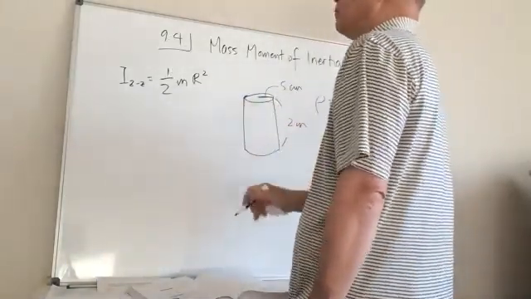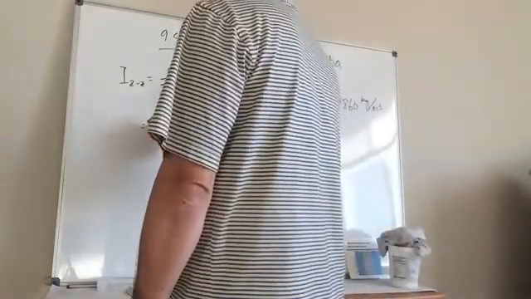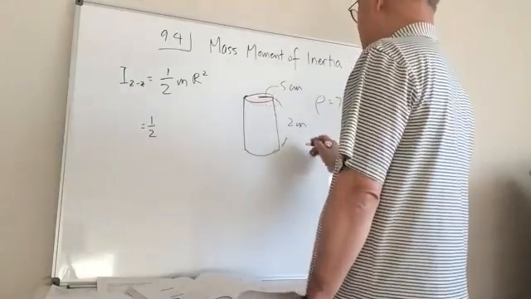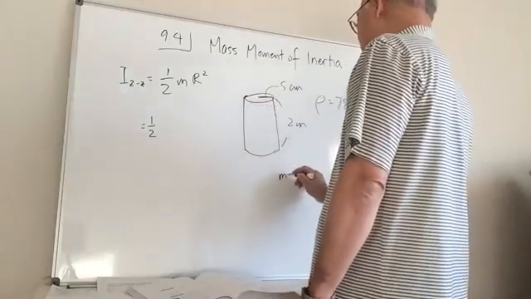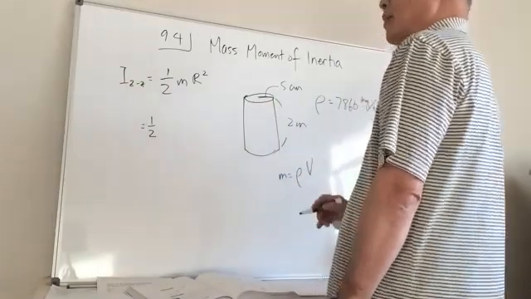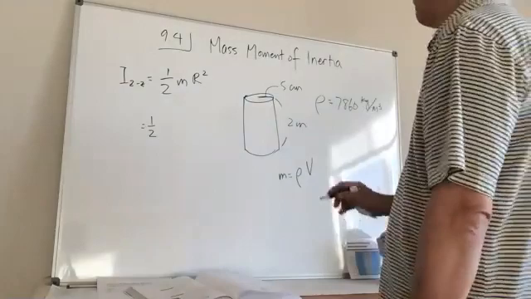So what do I have? I have 1/2. What's the mass? The mass is going to be rho times v, the density times the volume.